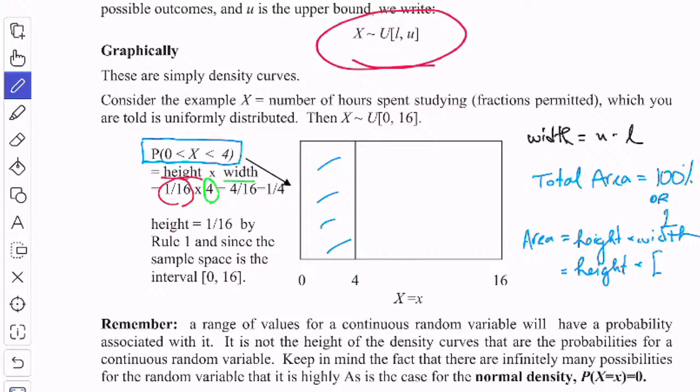The width is, well, I'll use the rule again, upper minus lower. Upper minus lower of the whole thing is 16 minus 0, or 16, right?